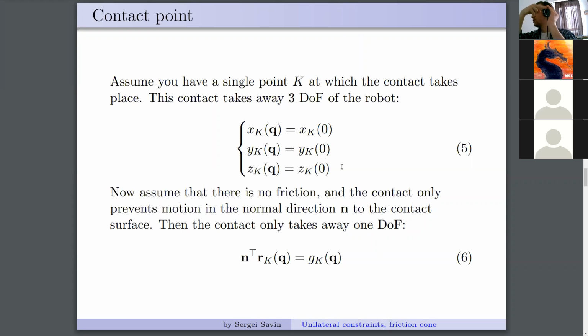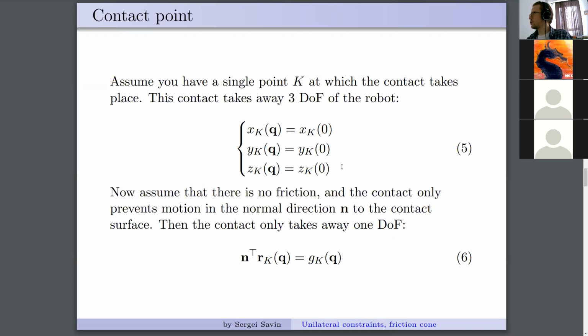Then, depending on the configuration of your robot, your position in the normal direction is described as being here or here or here. It's like the normal direction changes, and with it changes how much you can move along this normal direction.